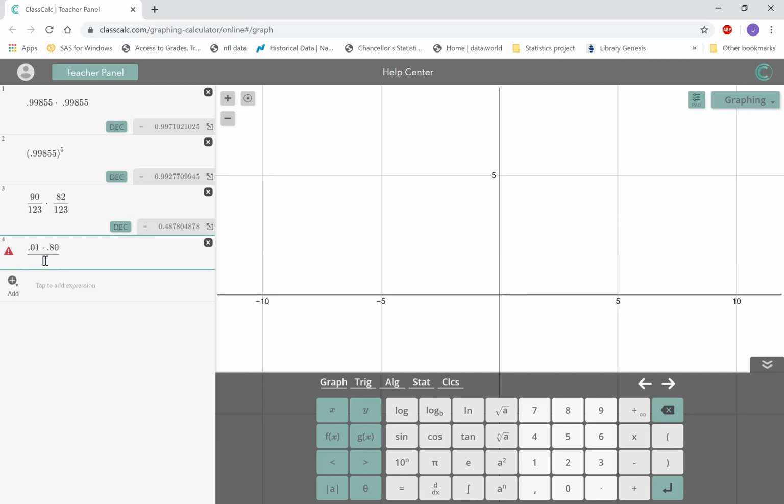Then the bottom, we're going to put 0.01 multiplied by 0.80 again, but now we're going to add it to 0.99 multiplied by 0.096.